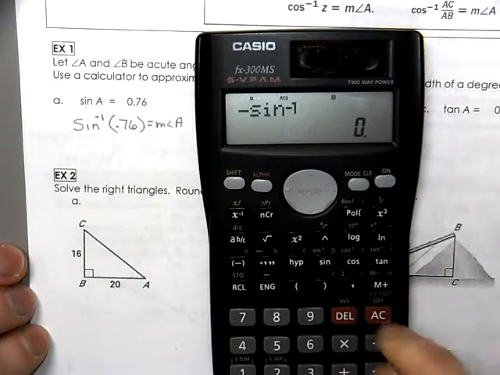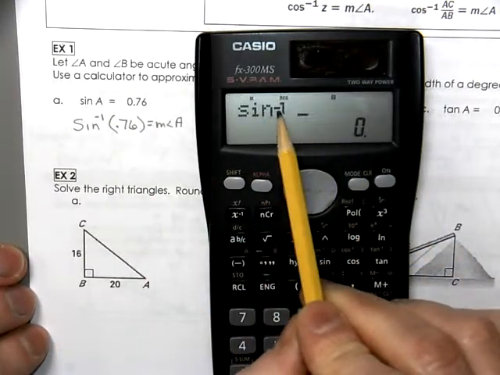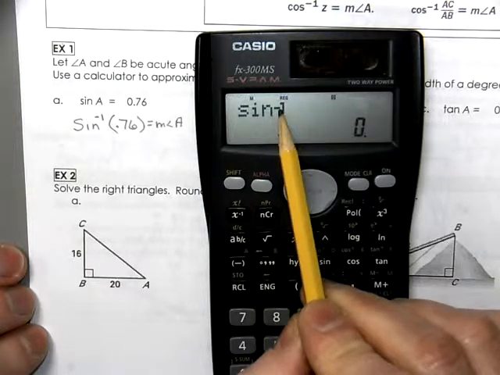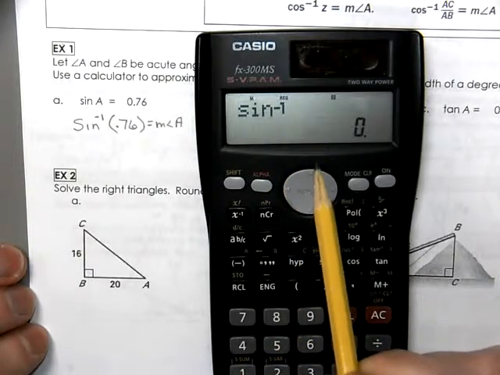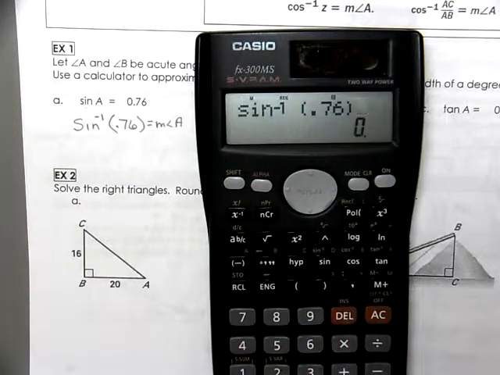Hit sine, and you'll see the sine inverse, sine with a little -1 up in the corner. Typically we need to use parentheses. It won't make a difference with decimals, but it will make a difference with a fraction.